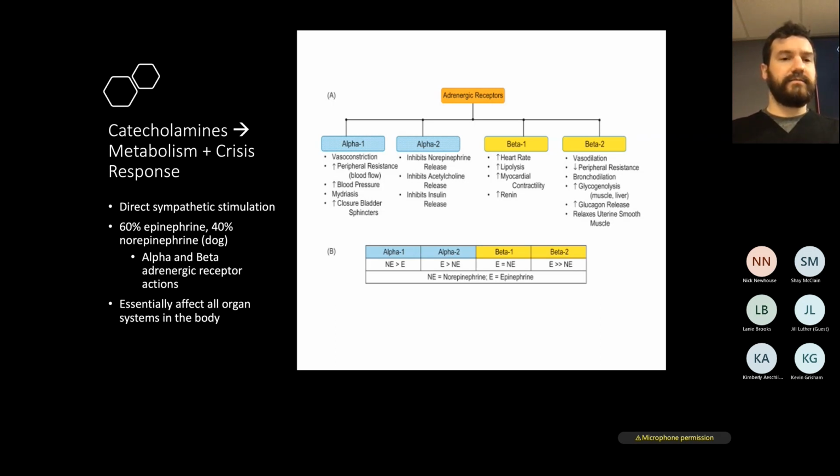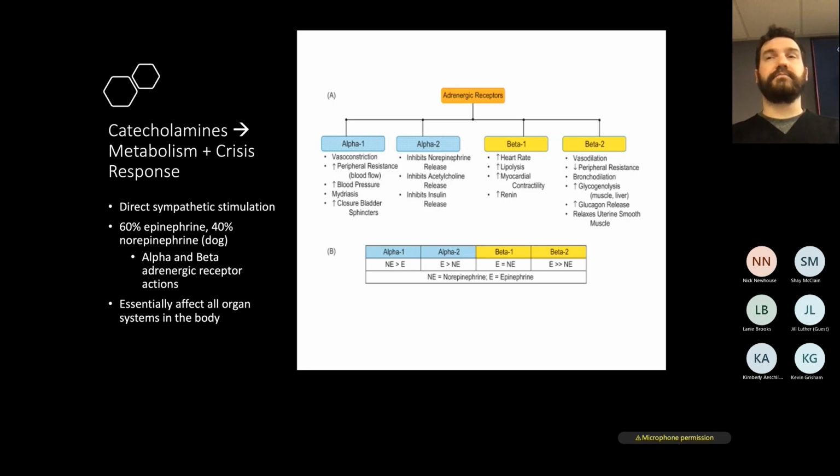In terms of catecholamines that are produced in the dog, the majority that is released is epinephrine, so about 60%, and then 40% norepinephrine. That is different in cats and in humans. Cats and humans tend to produce higher amounts of epinephrine in comparison to norepinephrine. These both have effects at alpha and beta adrenergic receptor actions.